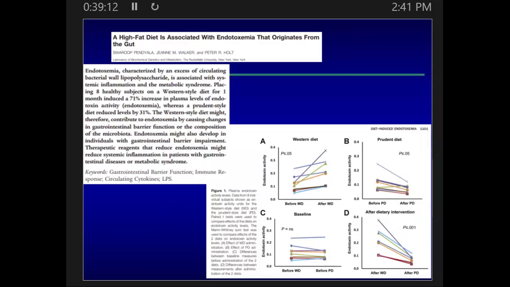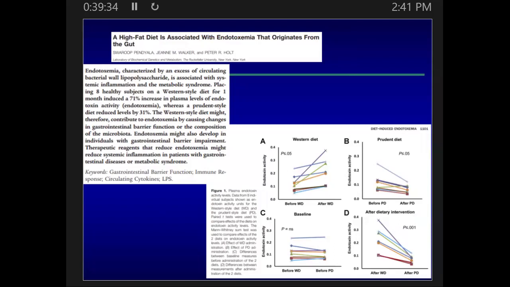This is another study where they looked at the Western diet versus a more prudent, healthier diet, and how much LPS was in the blood circulating through the body.